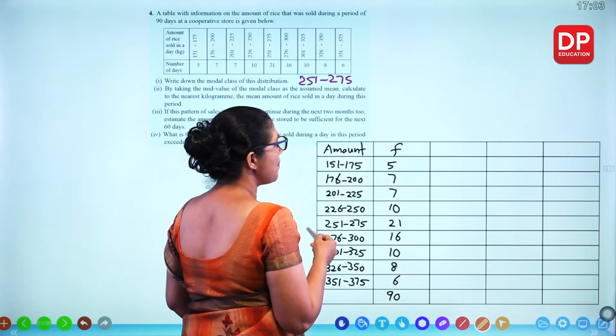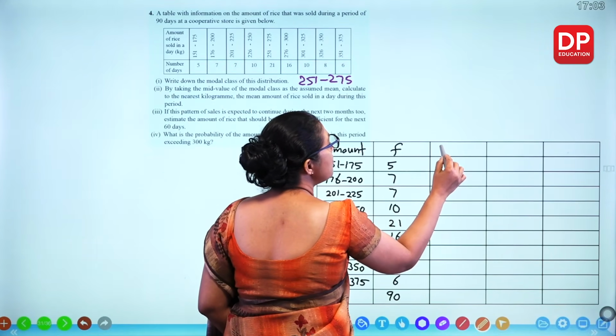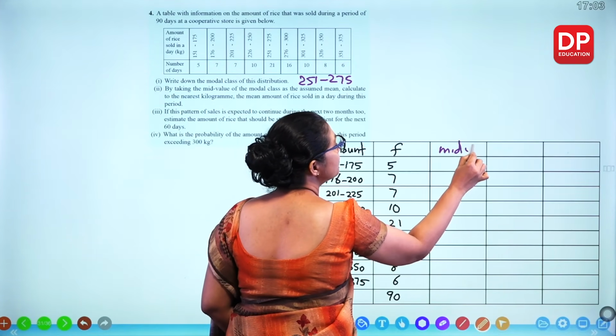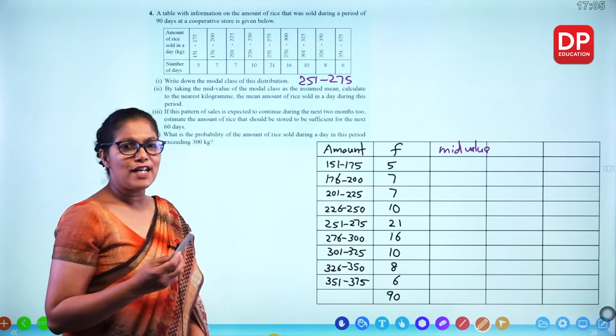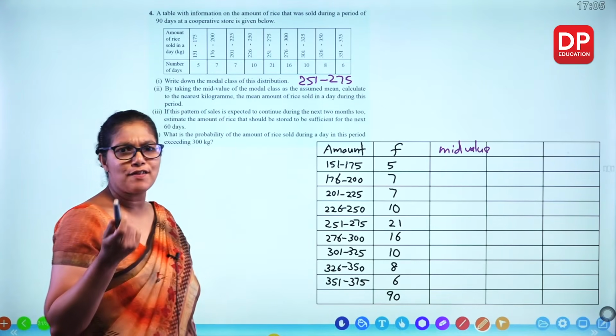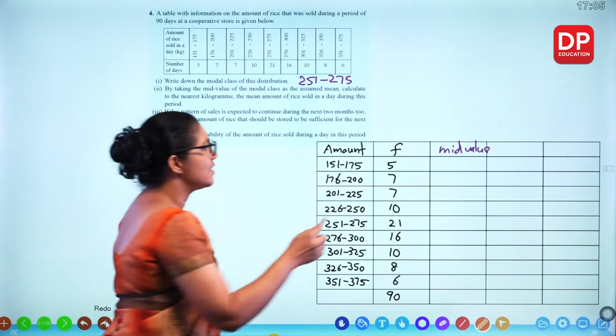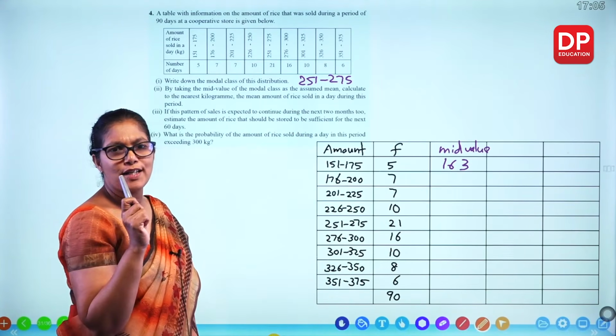So, what's the first step? We have to find out the mid value. Now, find out the mid values. So, what's the addition? 151 plus 175 divided by 2, you get 163. What about this one? What's the value?